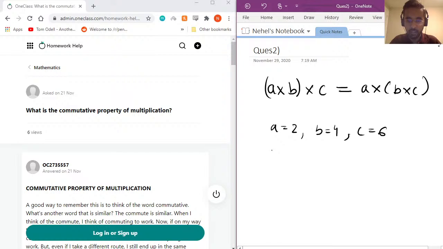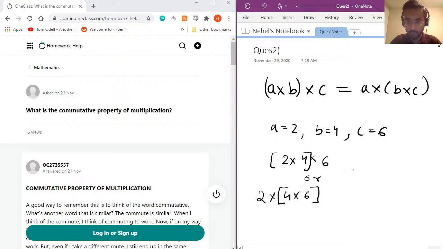So if I was computing this, I could write this as 2 times 4 and then times 6, or I could write this as 2 times 4 times 6.